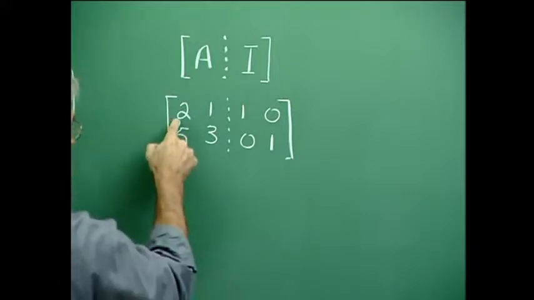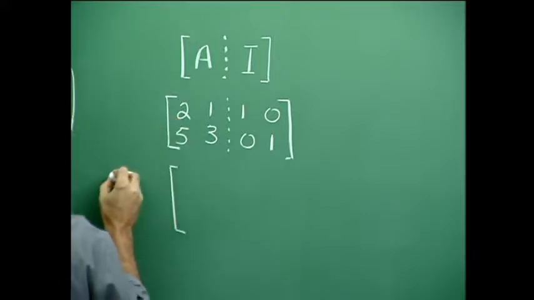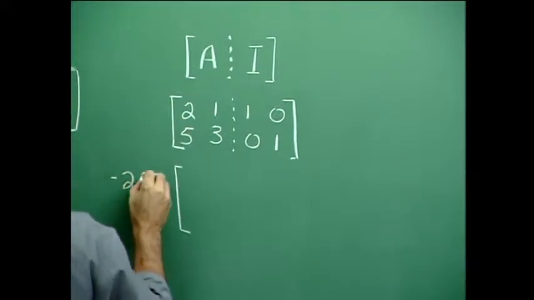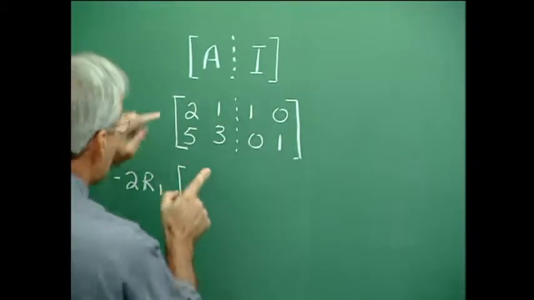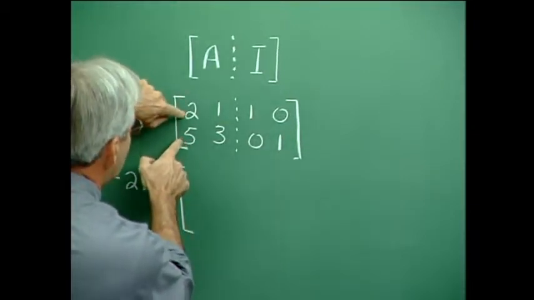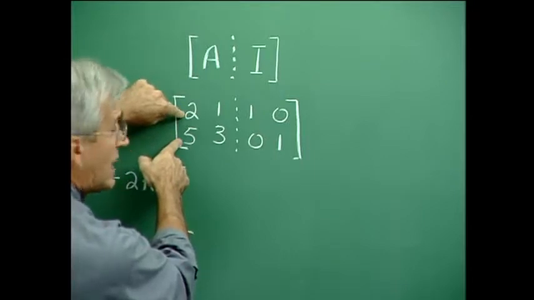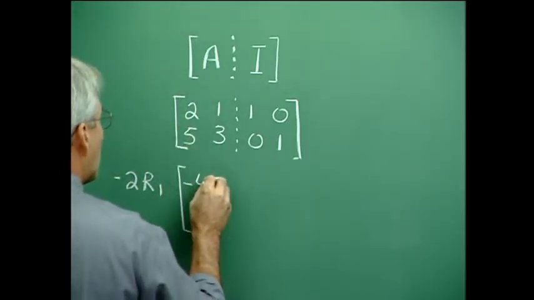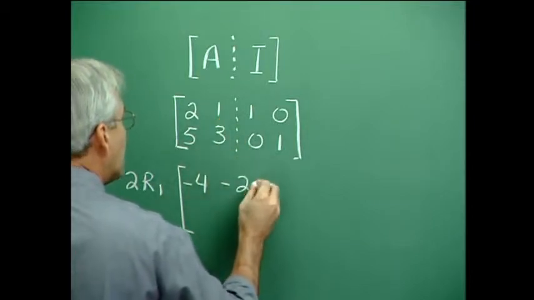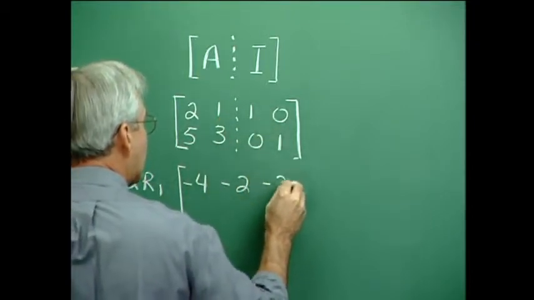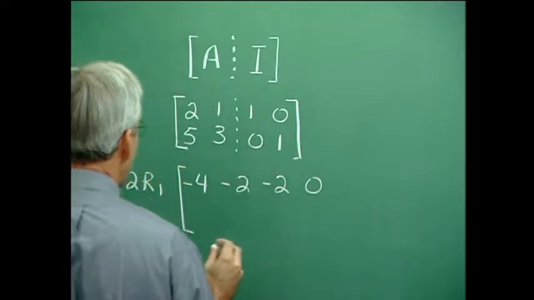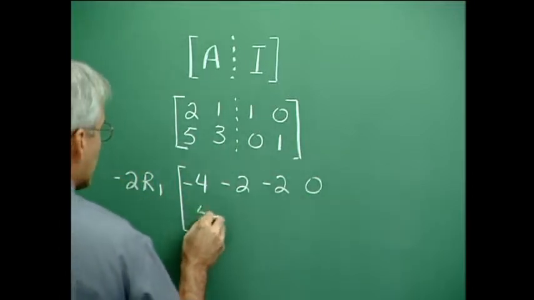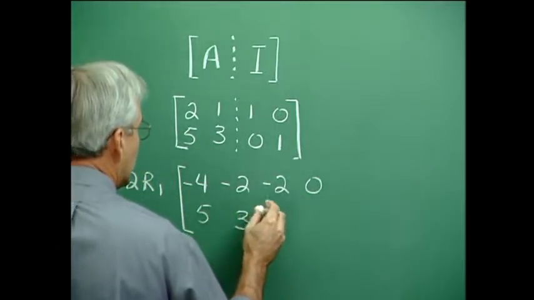I'm just going to multiply here by -2. So it's -2 times row 1. And I'm creating a situation where we have a relative difference of 1 and also a sign change here between these two. So -2 times 2 is -4, -2 times 1 is -2, -2 times 1 is -2, -2 times 0 is 0. And then I'll just bring down this next row.